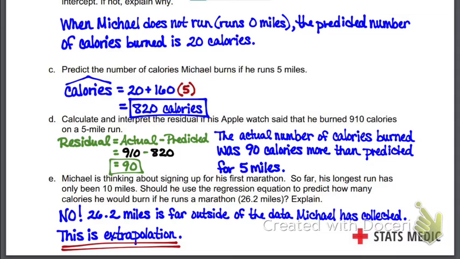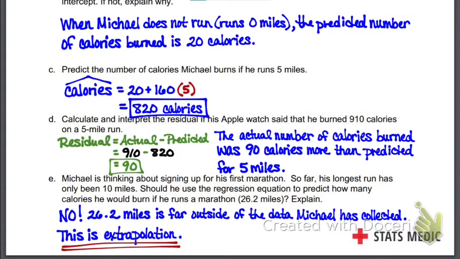Bump it up on the screen a little bit there. For our residual, the residual was 90. The actual number of calories burned was 90 more than predicted for 5 miles. Things that you need to make sure to include in an explanation of your residual: you're always doing actual minus predicted.